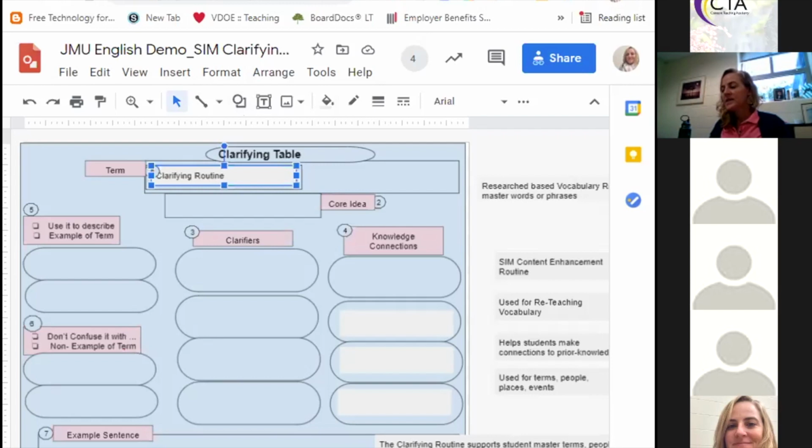Okay, so somebody said one of the things that makes up the clarifying routine is that you use the cue, do, review sequence. Another is that it makes something easier to understand. I've also got that it's got linking steps.